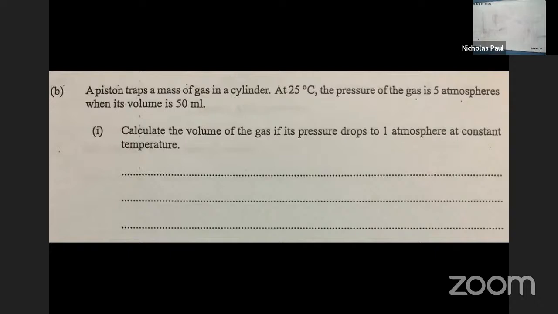Very good. Take down the question and just write down the important things.